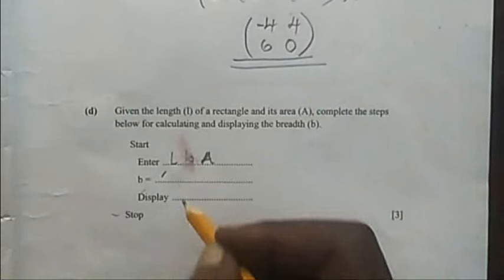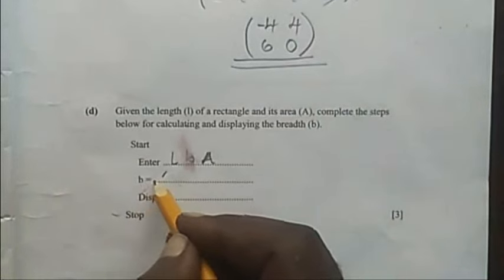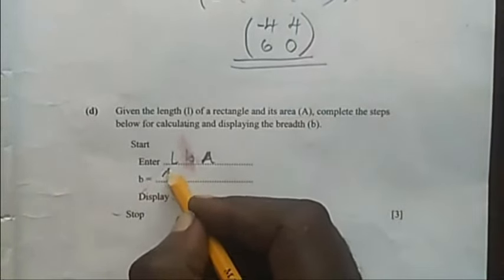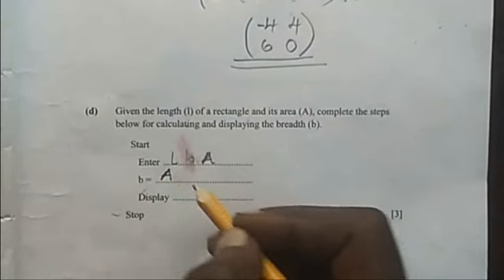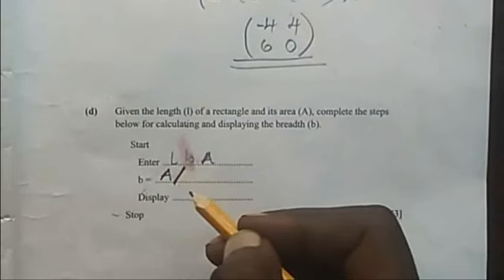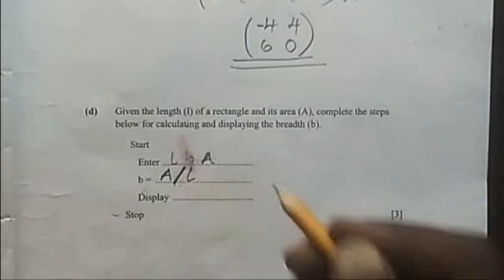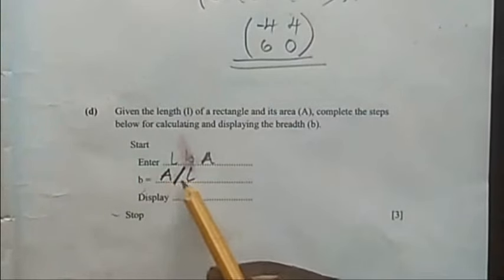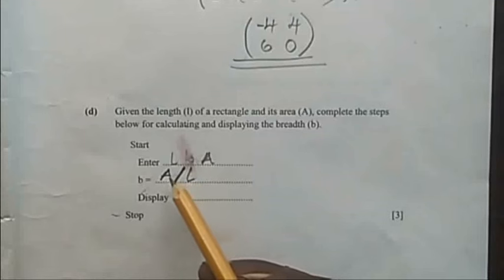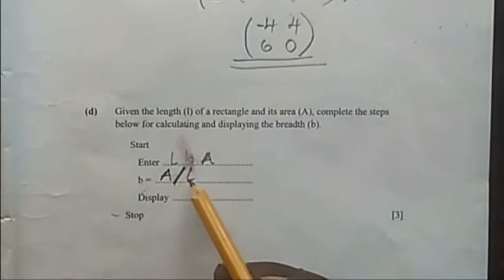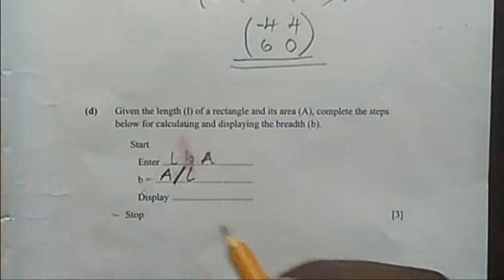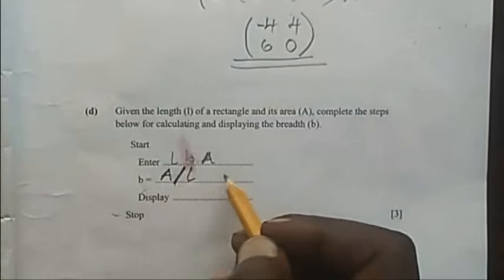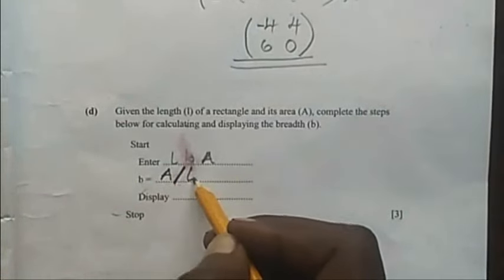Once you've done that, then here you enter: breadth is equal to area over L. Because to find the breadth when area and length are given, you divide area by the length.